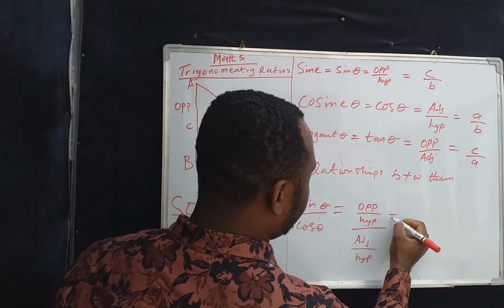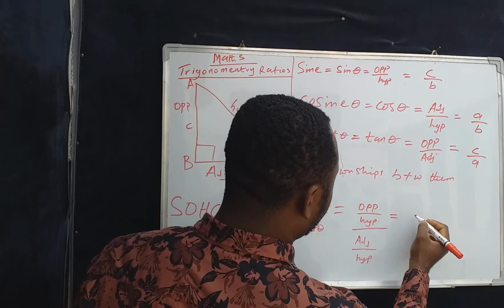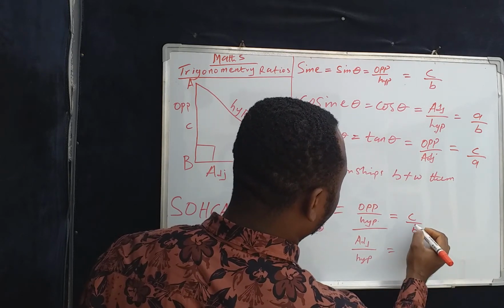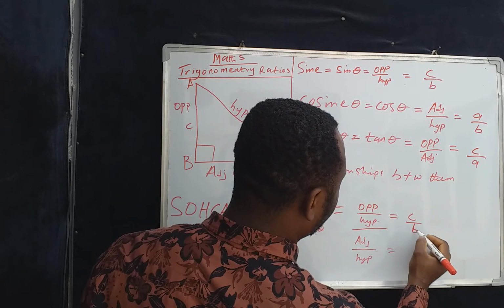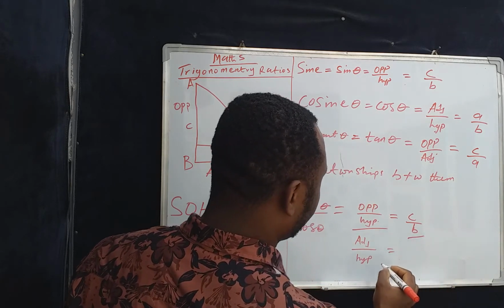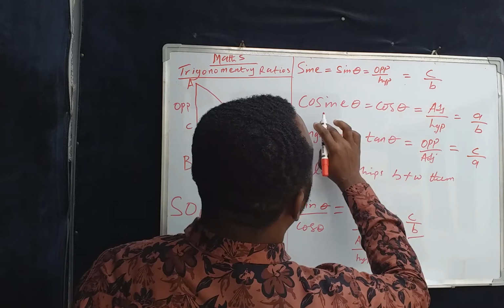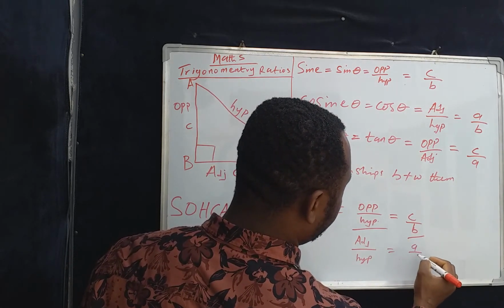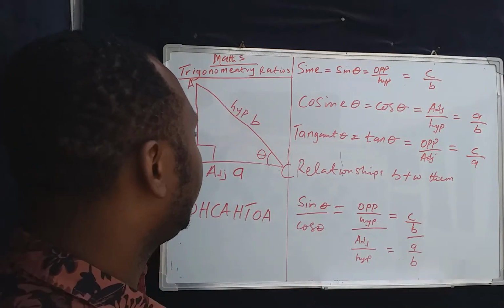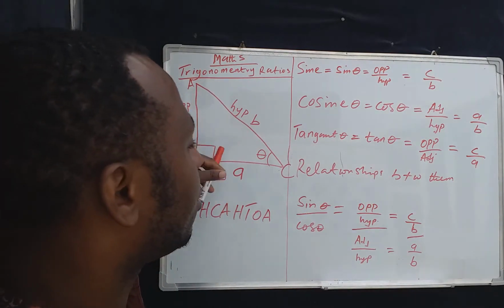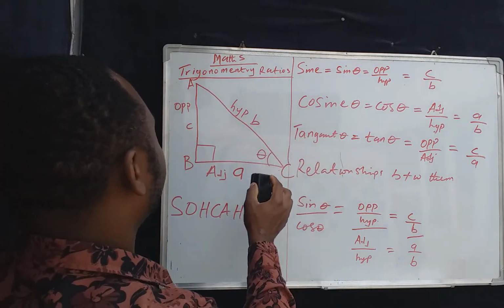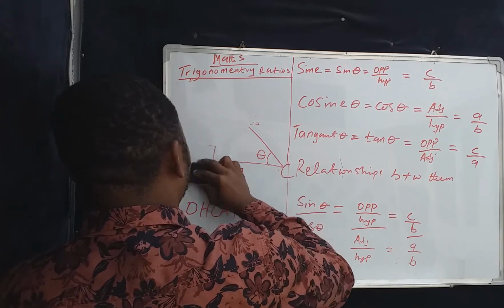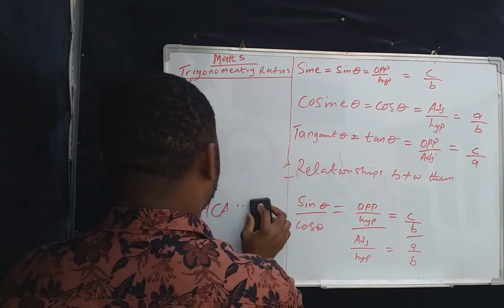This one here is equal to C over B, and this one is equal to all over cosine, which is A over B, equal to what? A all over B. So we need to wipe this way so that we can continue from here, because our board is small, so we need to manage it.